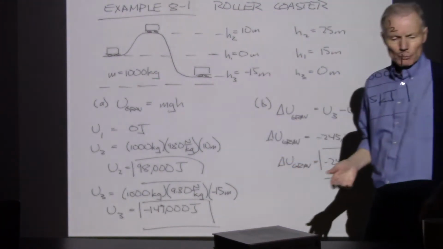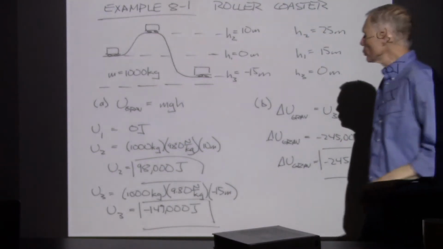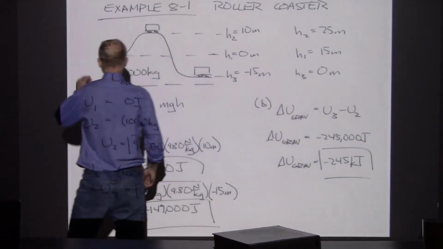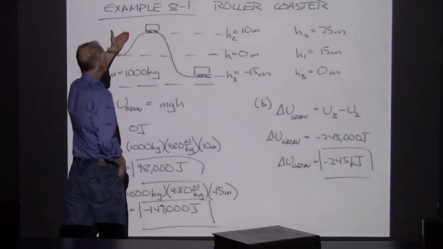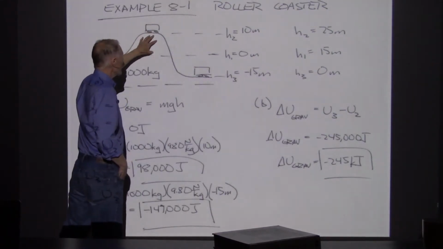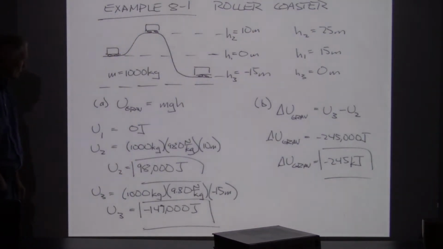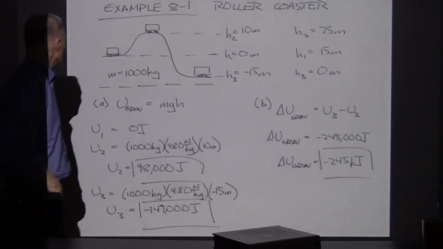It's going to have to come in with at least 98,000 joules of kinetic energy if, by virtue of its speed, it is going to be able to reach that highest elevation. Okay, so you can kind of play around with the numbers here and imagine different scenarios as to how the energy is going to work out.